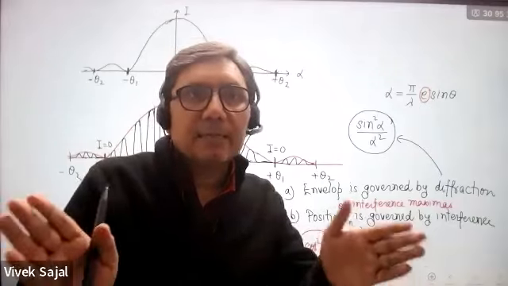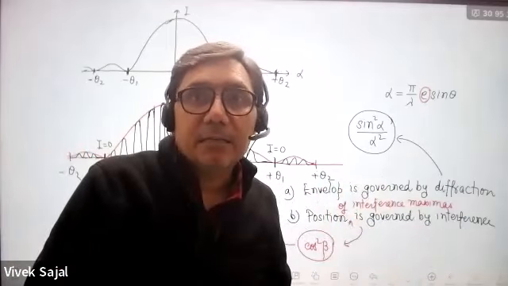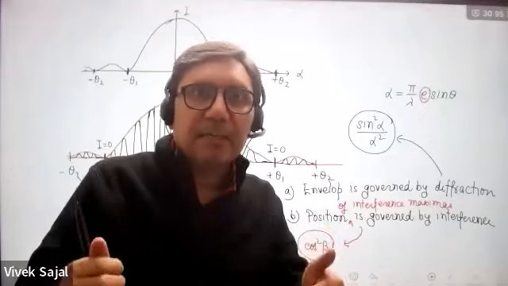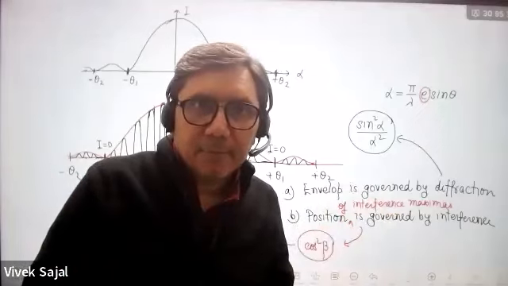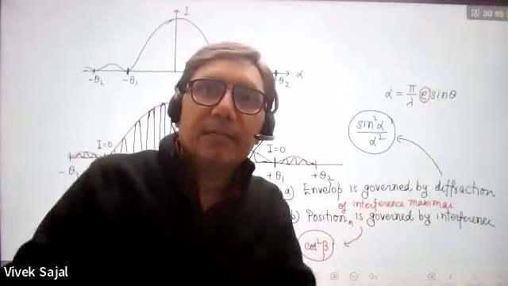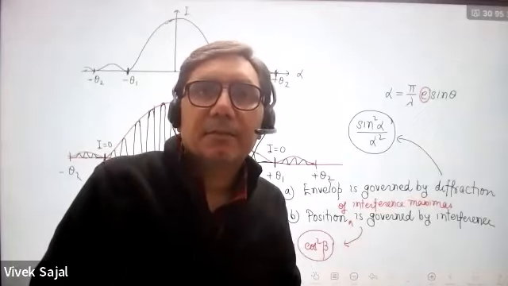Suppose in the directions in which diffraction minima is occurring, some interference maxima is also appearing. So that will be missing.